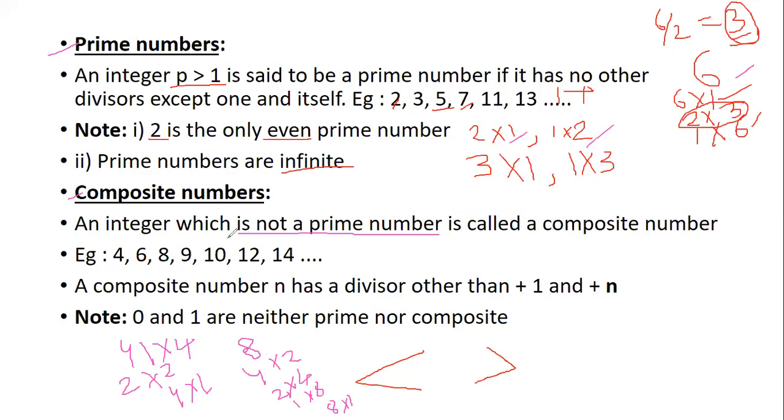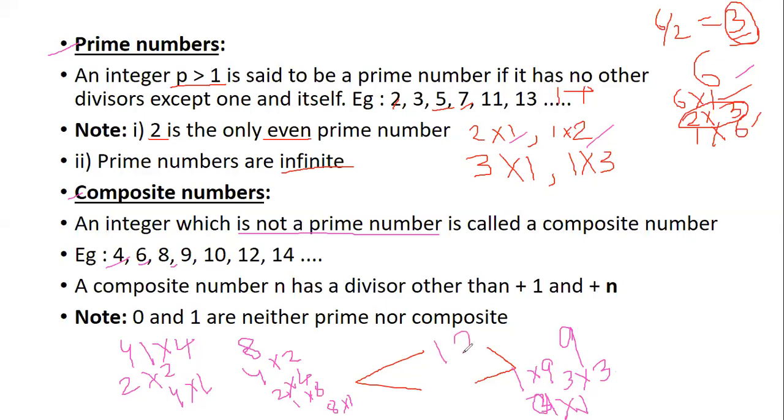So an integer which is not a prime number is a composite number, and a few examples are 4, 6, 8, 9. Now let us see 9. 3 3s are 9, then 9 1s are 9 and 1 9s are 9. Okay, we'll do one more number, 12.